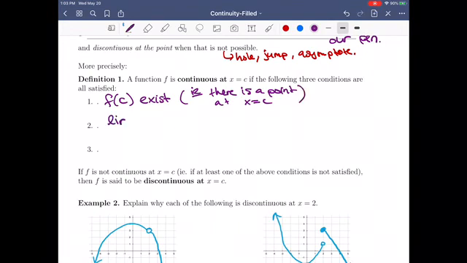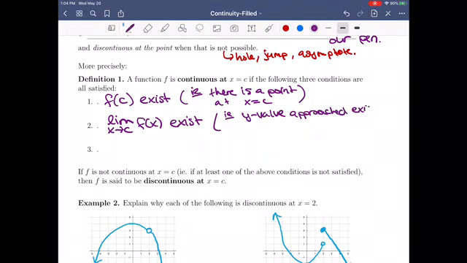We also want the limit as x approaches c of our function to exist. What that says is that the y value approached exists and is the same on both sides in order for the limit to exist. So as we approach c from the left and from the right, we approach the same y value.